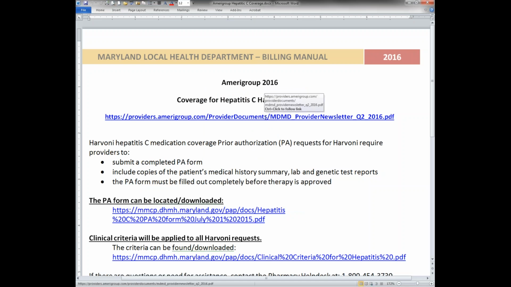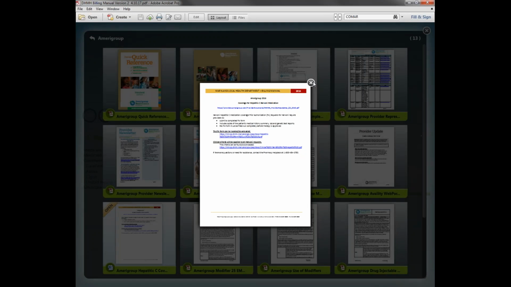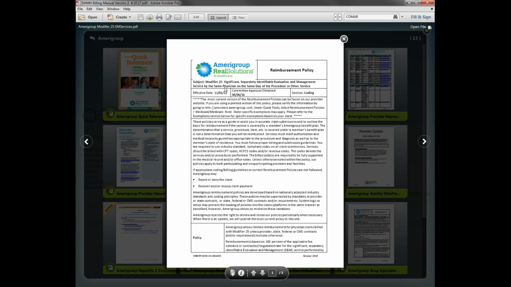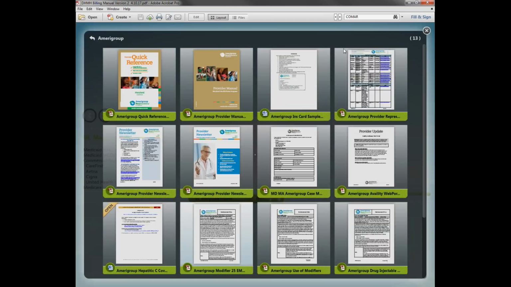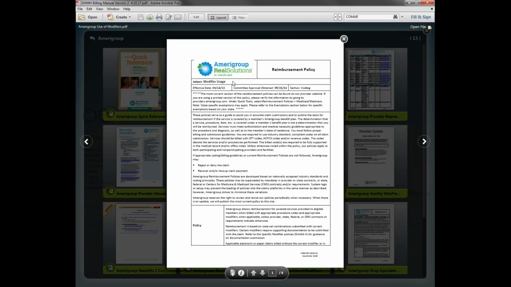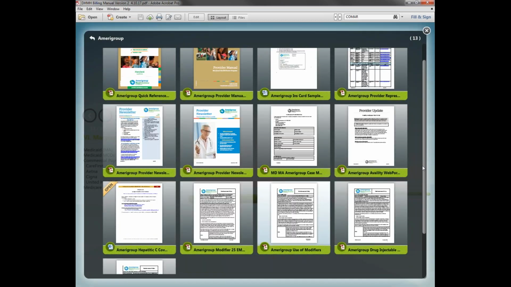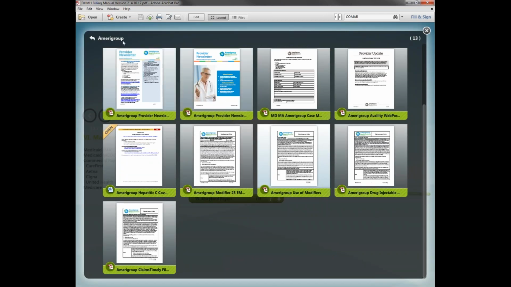This is talking about hepatitis C coverage for medication and how we would go about getting approval for that so that they pay it. And then these, again, are just additional information, what they require with the 25 modifier to bill. This is using a modifier and goes into more specific billing information.